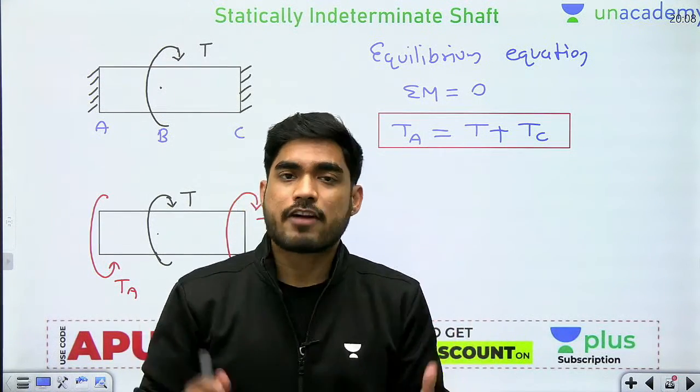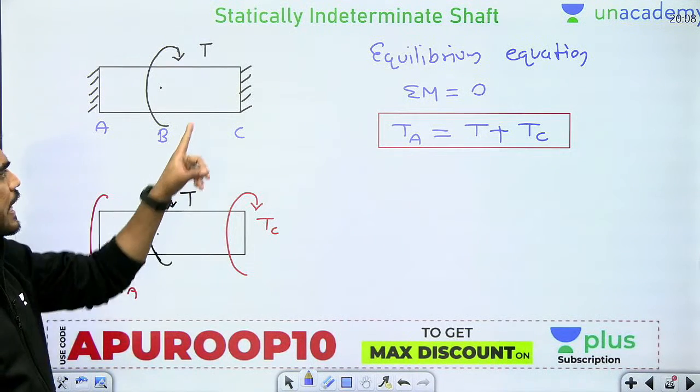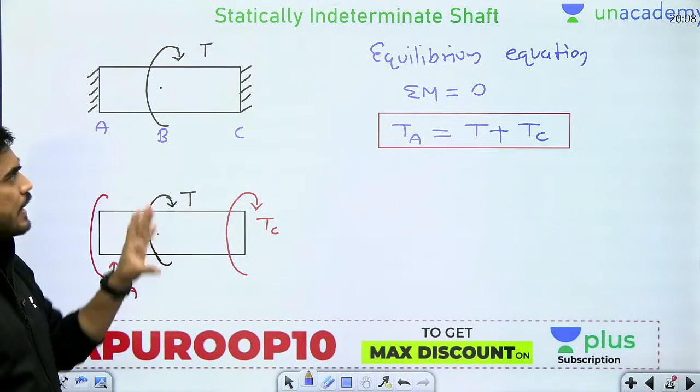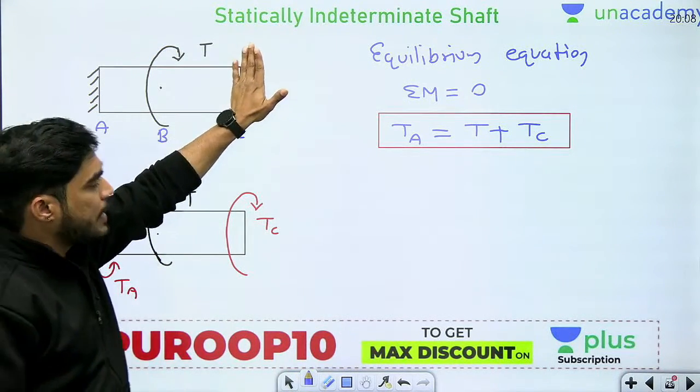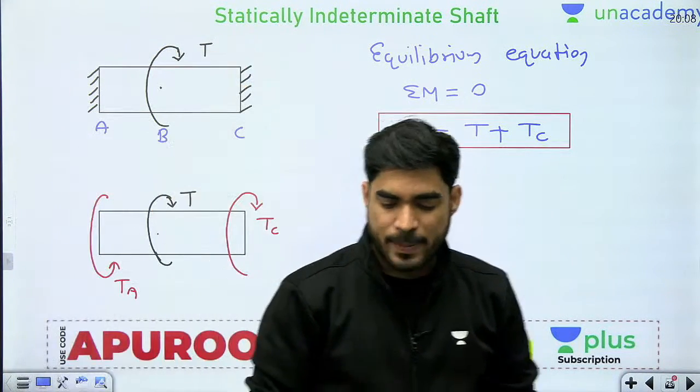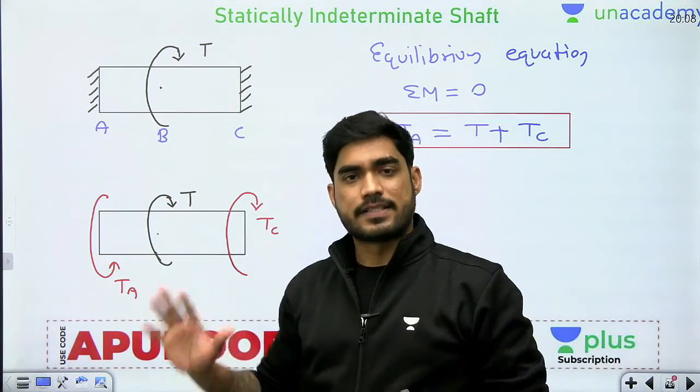Okay, how have we constrained this body? If this body was fixed only at one end, then if I apply torque, it can freely twist. अगर मैंने सिर्फ एक end को fix किया और फिर मैंने torque लगाया, then बेटा it will freely twist.